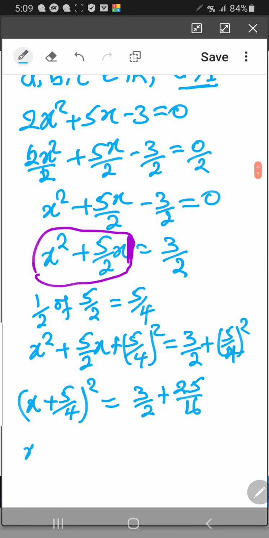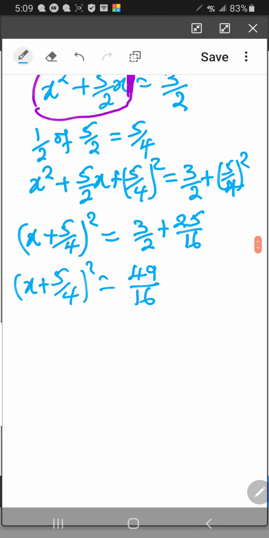If you simplify this, you are going to have 3 over 2 plus 25 over 16. Look for the LCM, which is 16. We are going to have 49 over 16.